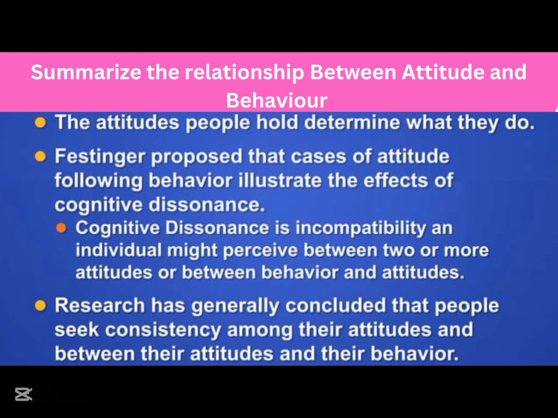Cognitive dissonance is incompatibility an individual might perceive between 2 or more attitudes or between behavior and attitudes. Research has generally concluded that people seek consistency among their attitudes and between their attitudes and their behavior.